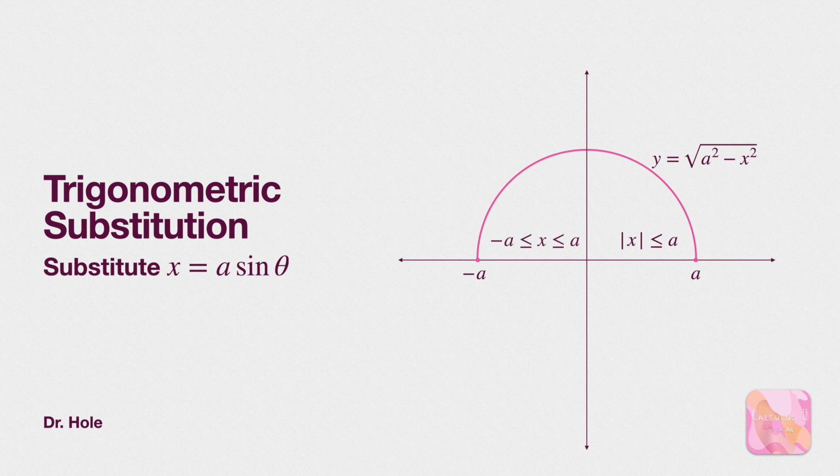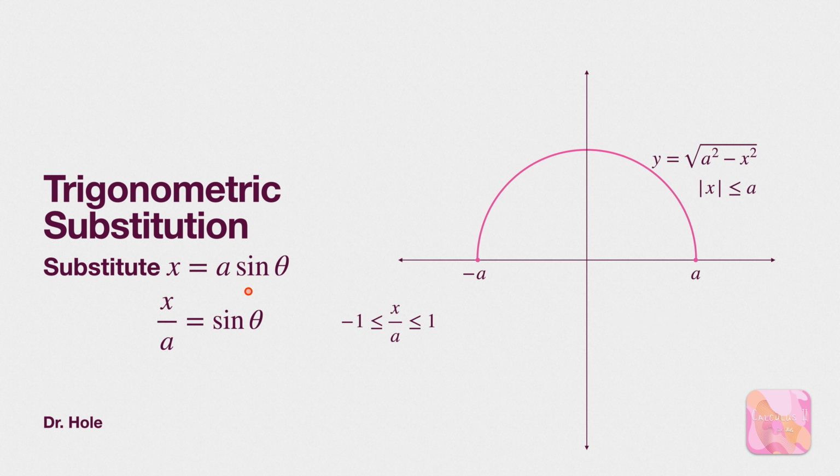Another way to express that is that x must fall between negative a and positive a, inclusive. Or we could rephrase that, dividing through by a, as x over a must be from negative 1 to 1, inclusive. And this, you'll know, is the range of sine of theta.